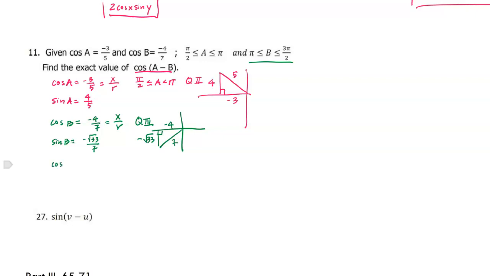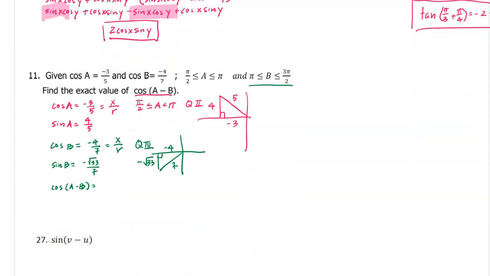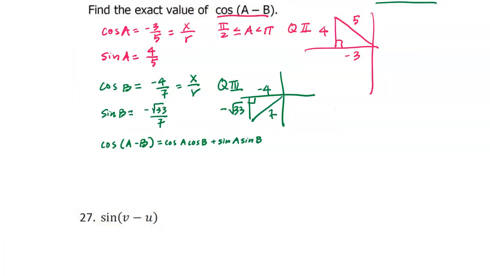So cosine of A minus B, and I'm not going to make it confusing, so I swap things around. Okay, A minus B, and that is going to be cosine of A and cosine of B plus sine of A and sine of B.